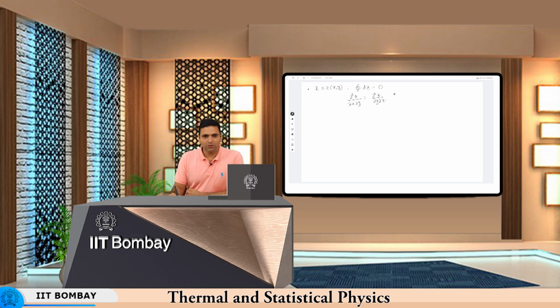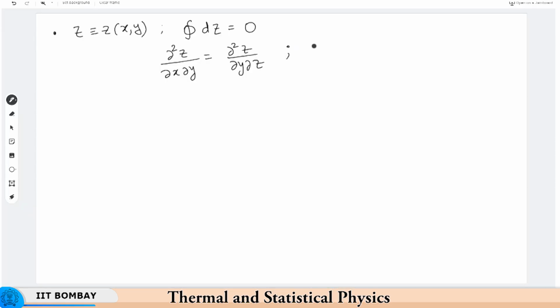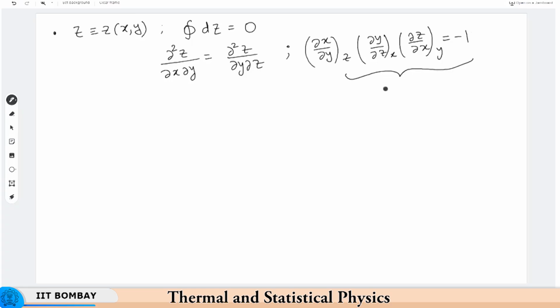And we also derived some very useful theorems. One of them was the reciprocity theorem, which goes as follows. For such a function, we can write del x by del y at constant z times del y by del z at constant x times del z by del x at constant y, that is minus 1, and this is known as the reciprocity theorem.